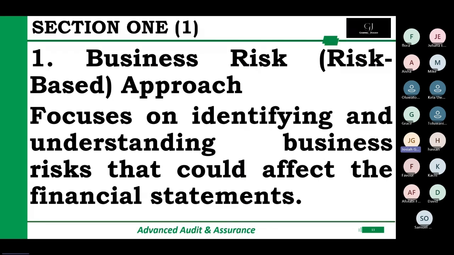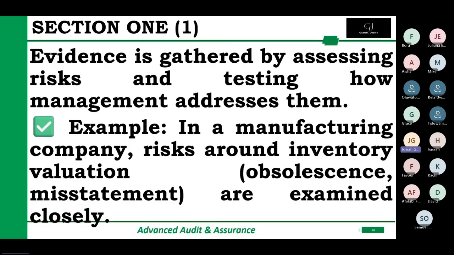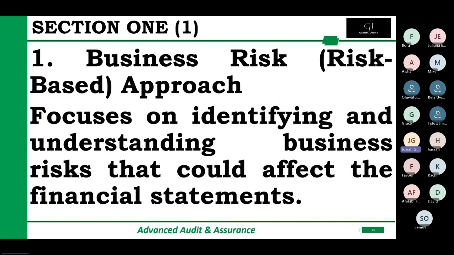So this approach focuses on identifying those risks and trying to know what could go wrong that will culminate in material misstatements. Also, evidence is gathered by assessing risks and testing how management addresses these risks. So the business risk approach is more of risk-based.